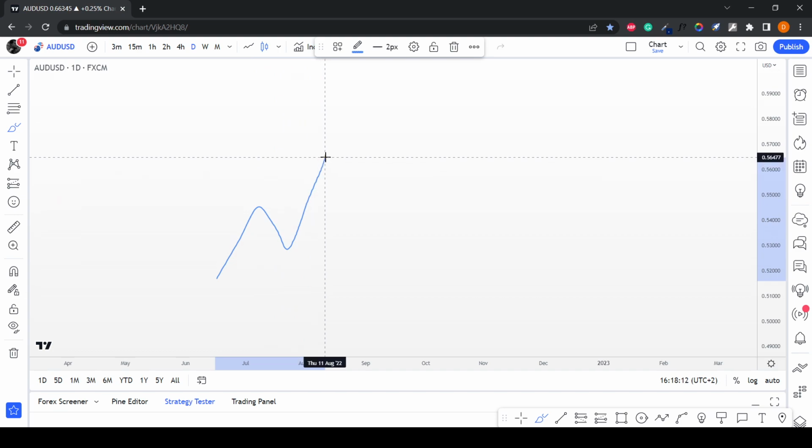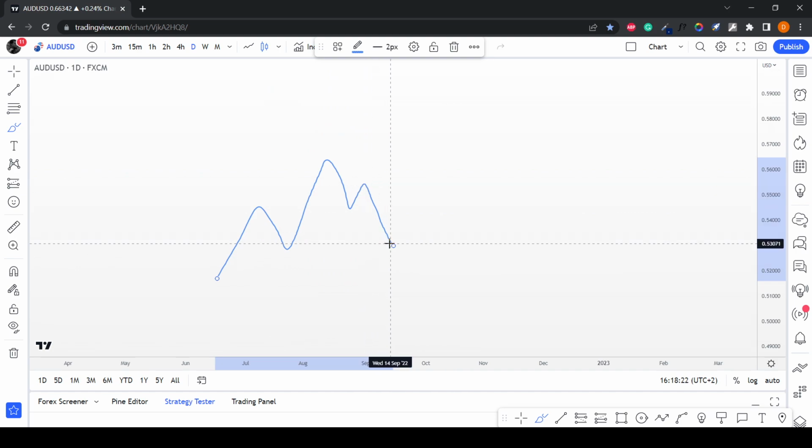goes in one direction, at some point of time we will see a pullback, okay? In a bullish market it will be some bearish price action. And the smart money theory says that this bearish price action is caused by the action of the strong side of the market to deceive the weak side into selling.